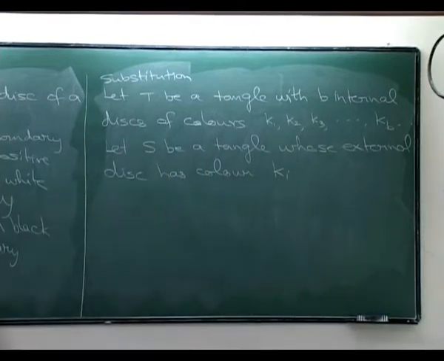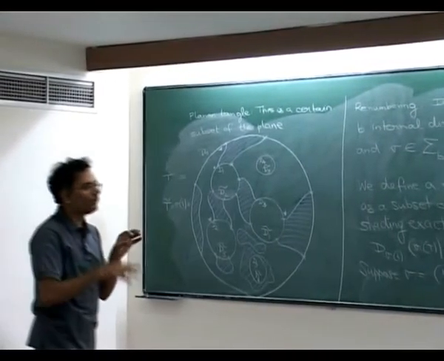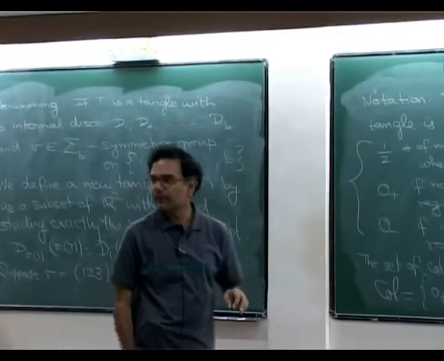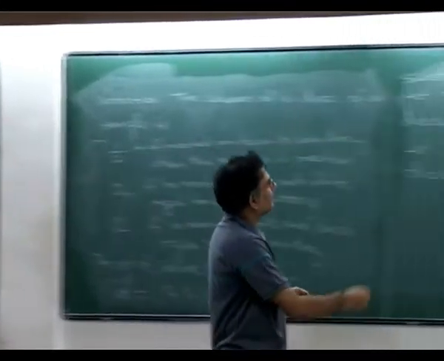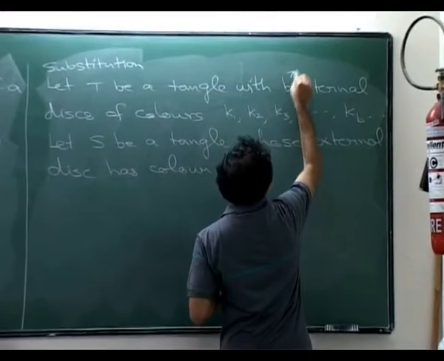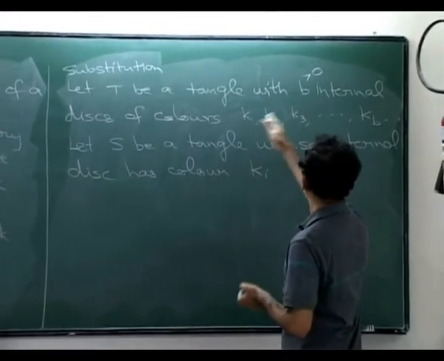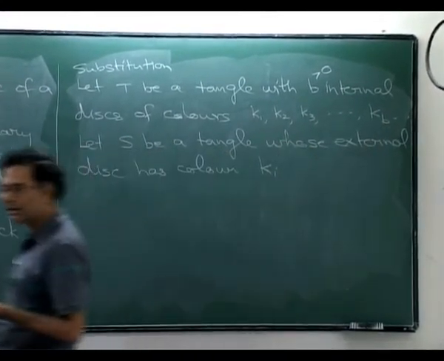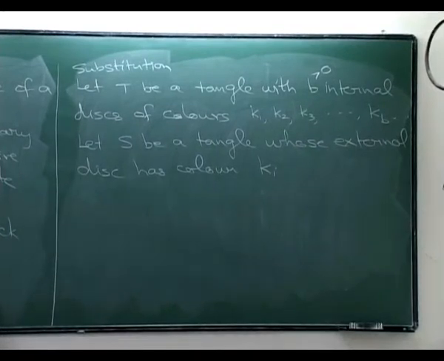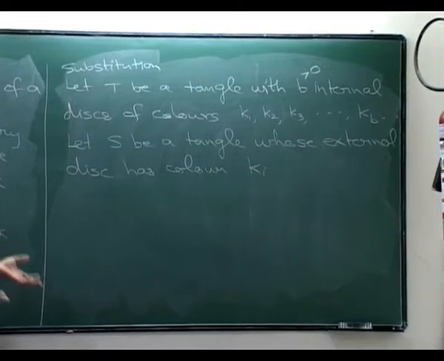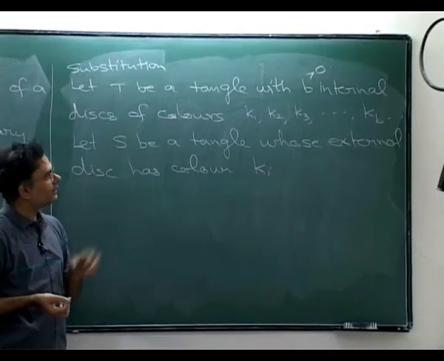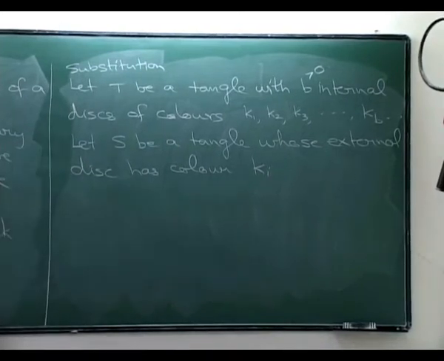Suppose the external disk of S matches the color of one of the internal disks of T. I'm assuming that in K1 up to KB there is at least one internal disk. It's quite possible for a tangle not to have any internal disk. We will look at those classes of tangles closely a little later, but for now let's just take a tangle which has some internal disk of some color, and take another tangle S whose external disk color matches this.